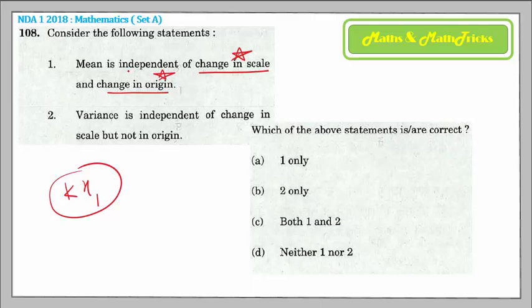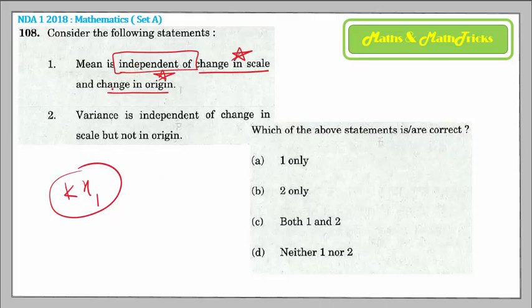Here they are saying that mean is independent of change. Independent means the mean remains the same even if you change the scale. That is what they mean. But it's not. When you change observation x1 to kx1, the mean also becomes k times the original mean.